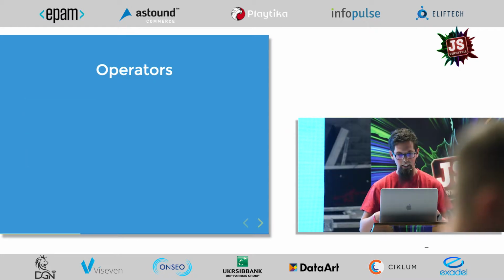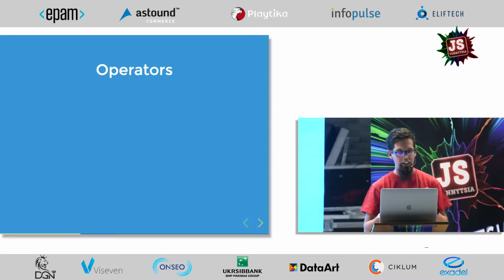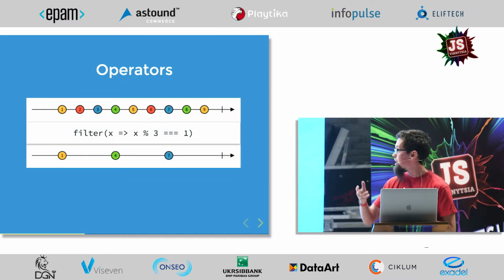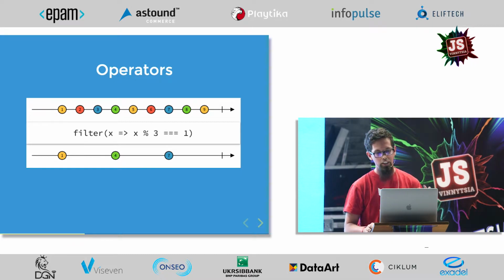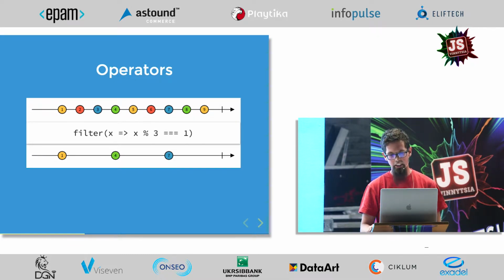And let's visualize how the operators actually work. At the top we have a stream of 9 values, and we are for some reason interested in only the ones where, when divided by 3, the remainder equals 1. Modulo 3 equals 1. So we can apply a filter operator with a predicate.